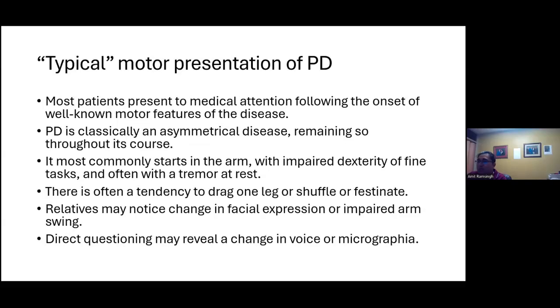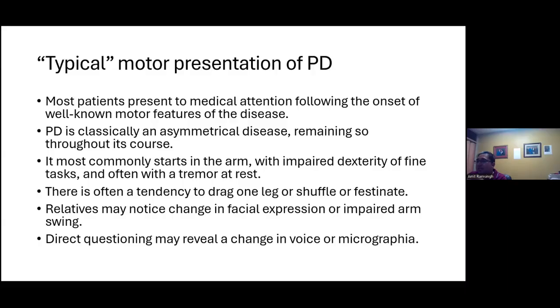So you have your premotor symptoms and your typical motor features. Most patients, by the time they present, usually have these well-known motor features. Parkinson's disease is classically an asymmetric disease as opposed to a symmetrical one, remaining so mostly throughout its course.